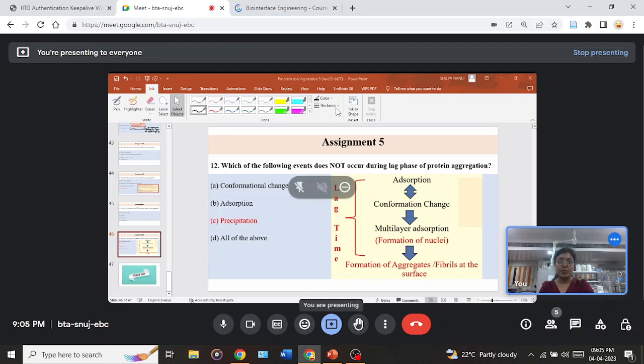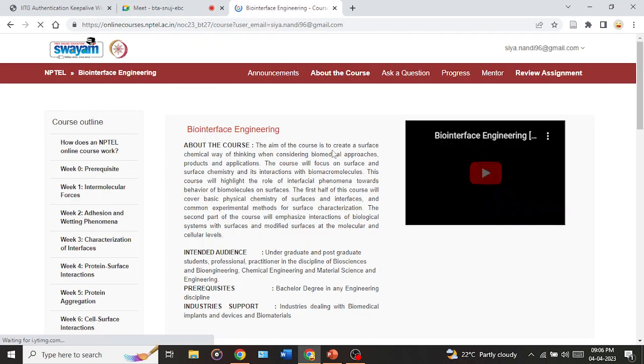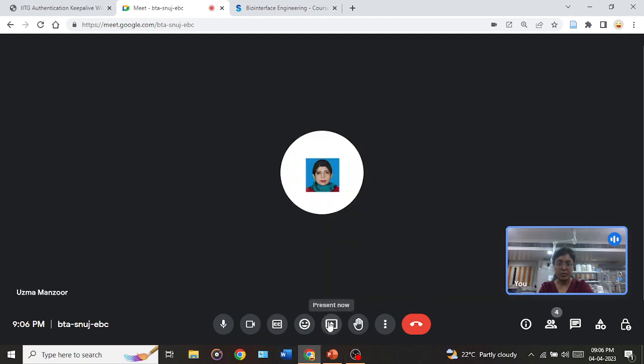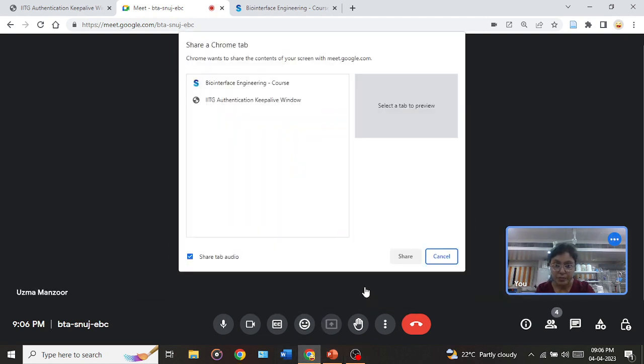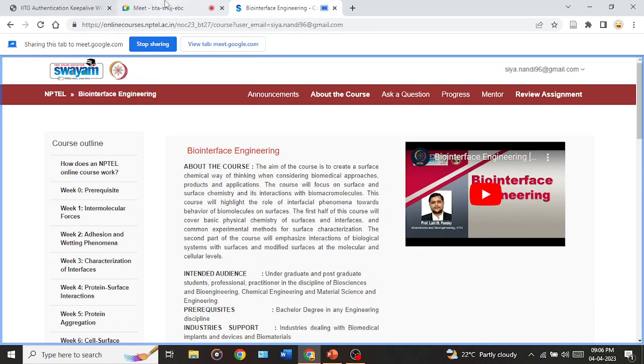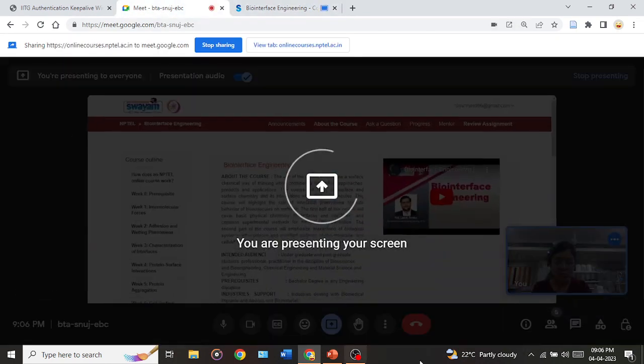So if you go to the Swayam portal and log in with your ID, I'll stop presenting this one. I'll share with you another tab. So you can see from this, can you, yes.